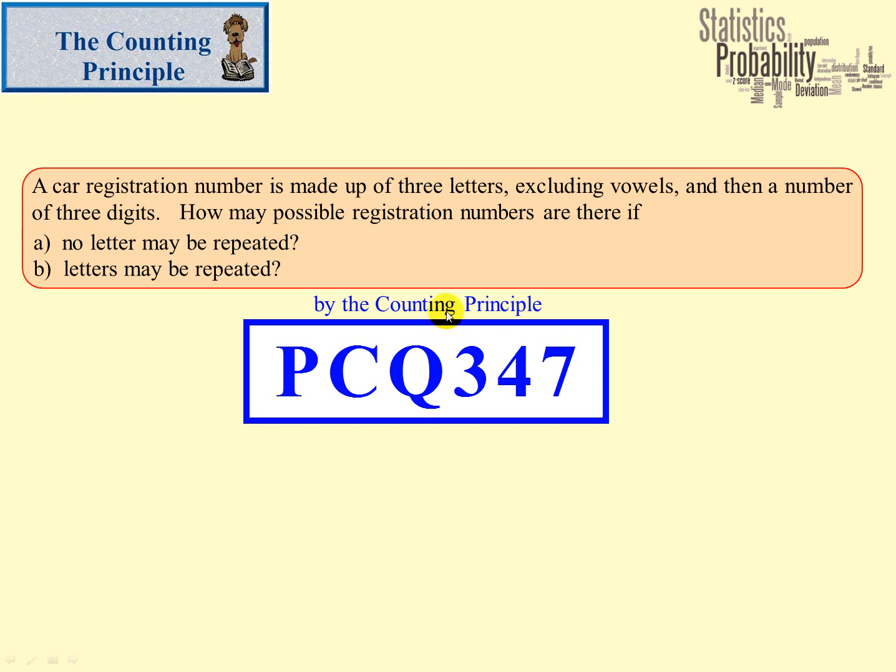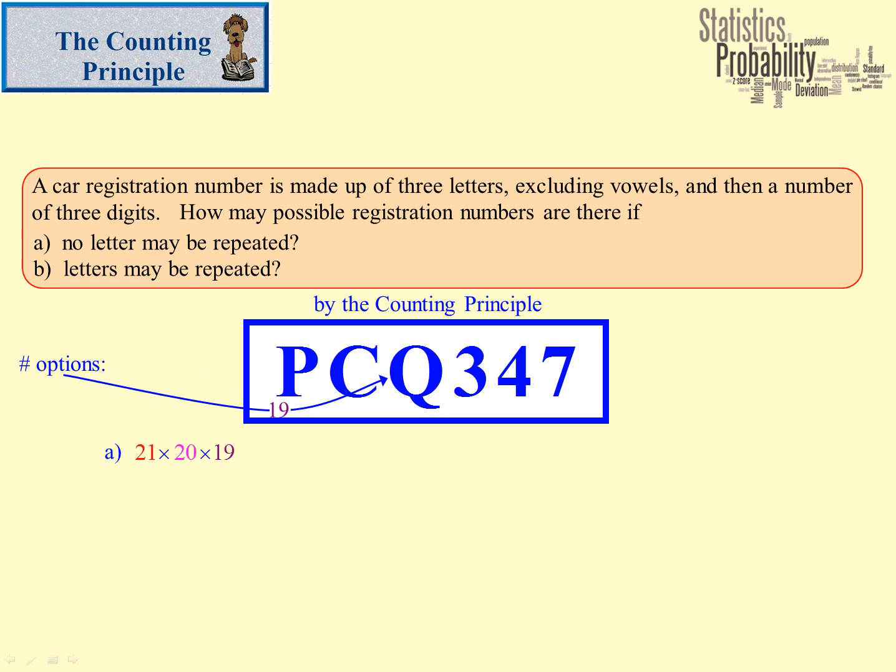So we're going to use the counting principle. We have 3 places with letters, and there are 21 options, because if we take away the vowels, 21 letters left. And there are 10 options there, 0 through to 9. So, the options. For first place, 21 options. No letters may be repeated, so 20 and then 19.